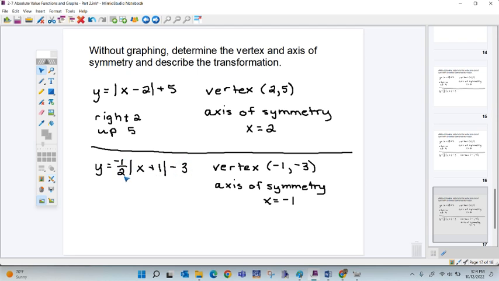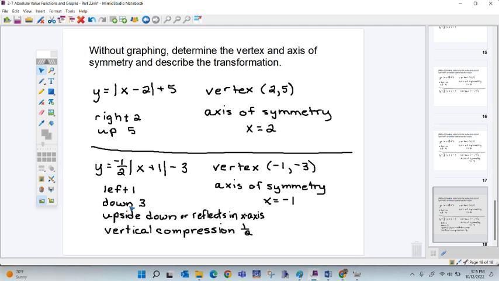We had a compression of a half. And this negative tells us that it reflected over the x-axis, or you could say it turned upside down. Left 1, down 3, reflects in the x-axis, compression of 1/2.